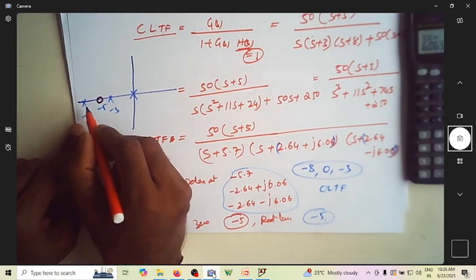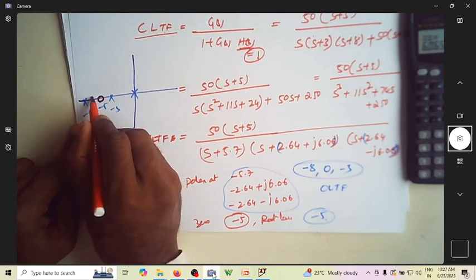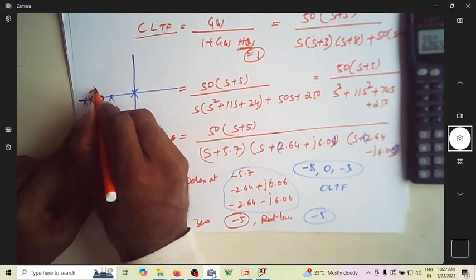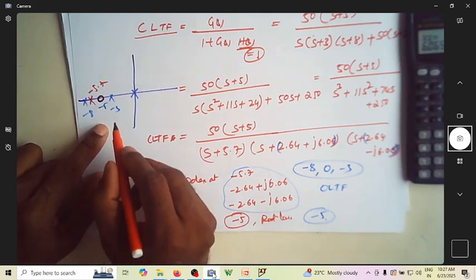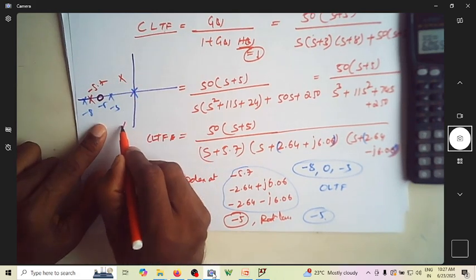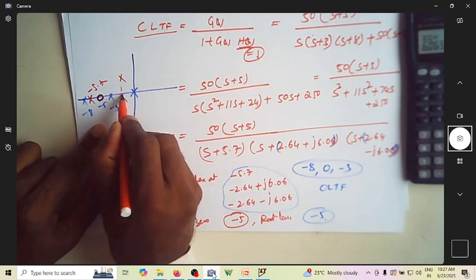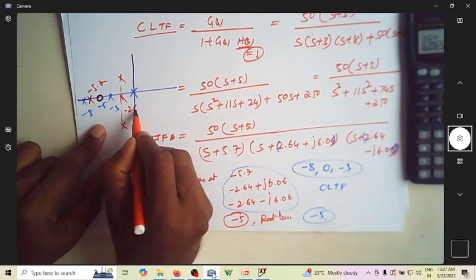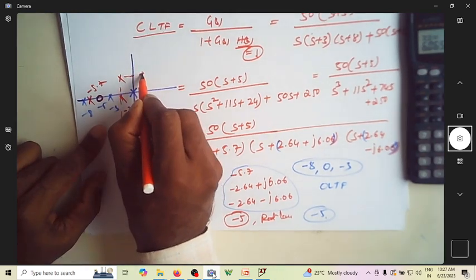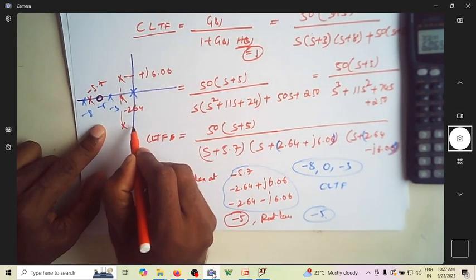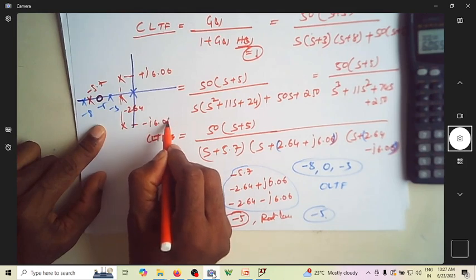How about this? This is at minus 5.7, this is at minus 2.64, and this is at plus j 6.06, this is at minus j 6.06.